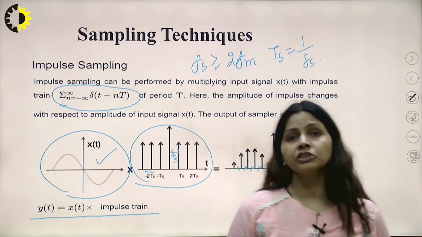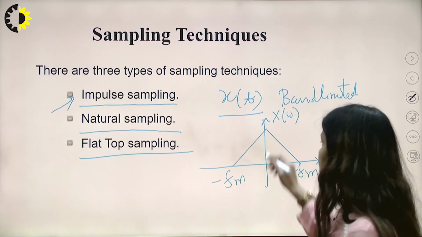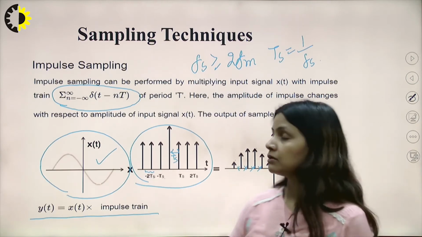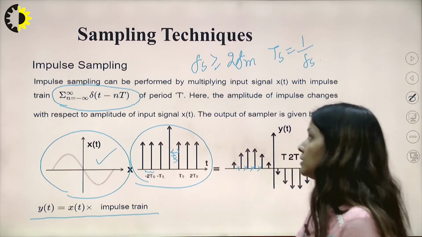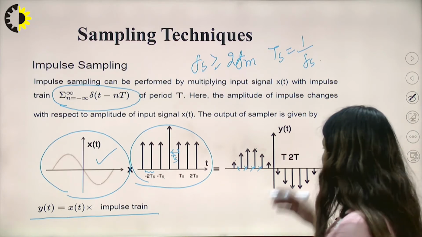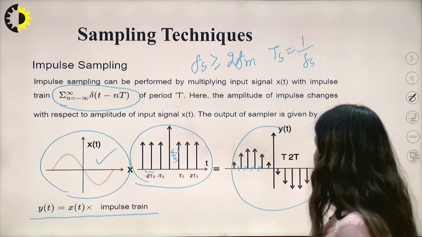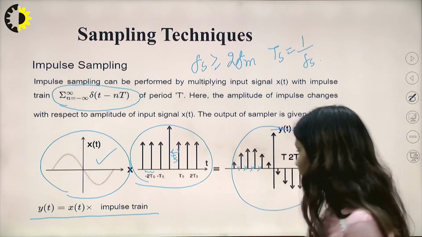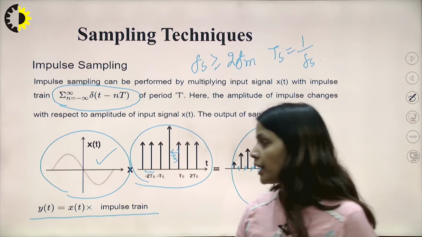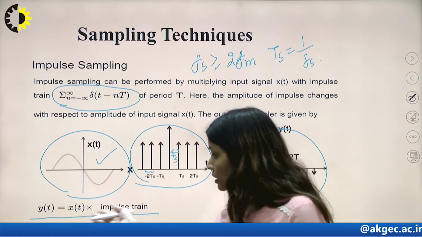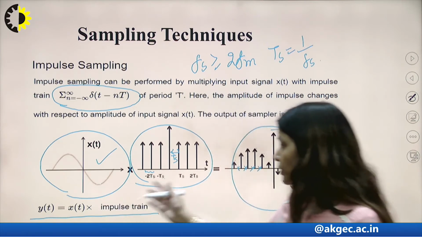Now I was having this particular band limited signal, and I have multiplied it by this impulse train. Then I am interested to see what the spectrum of the resulting multiplied signal will be. So in time domain I am having this. Now I will have to take the Fourier transform for this impulse train.